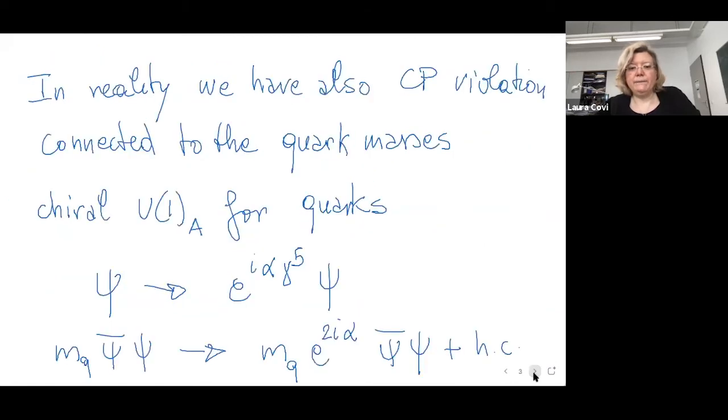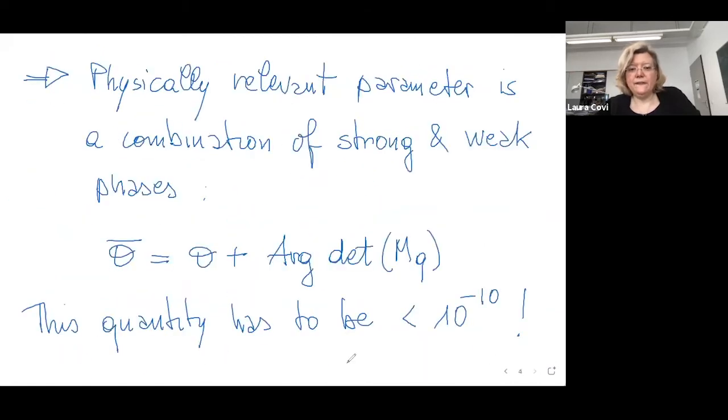Good. So the problem we have now is that this theta term is in principle any number, and we have to have it less than 10 to the minus 10. As usually happens for theorists, the easiest solution is just to say, why don't we set theta bar to 0? You could say, let's assume this is just a parameter of the theory, we could put it to 0 and that's it.